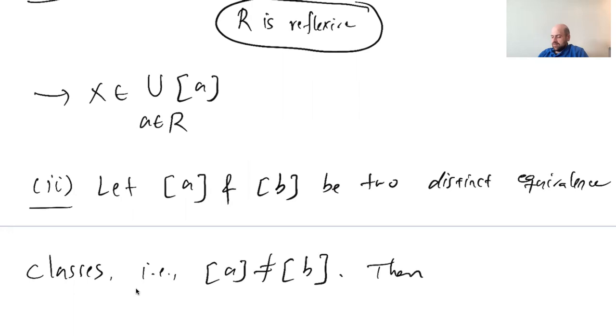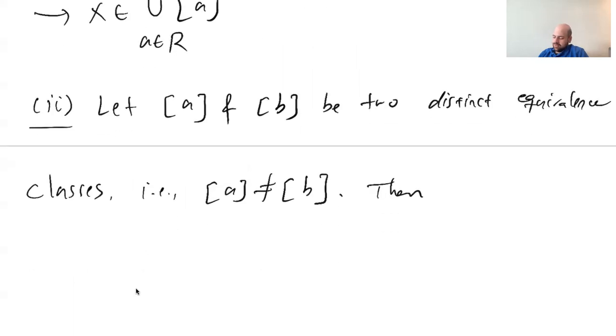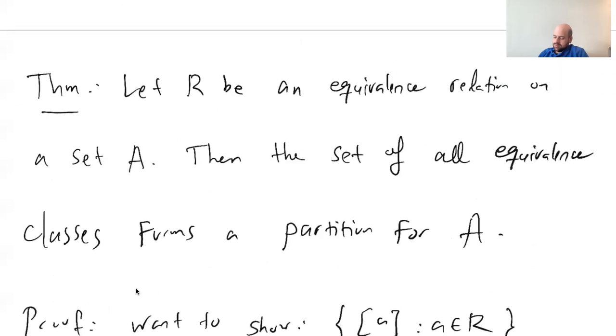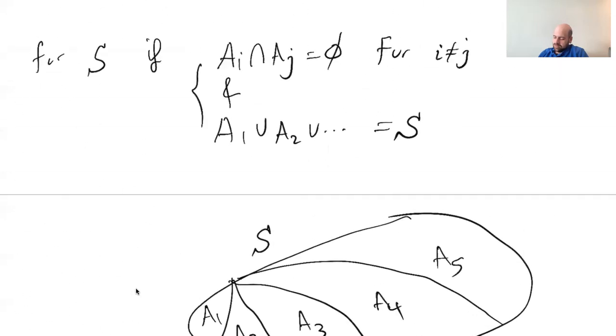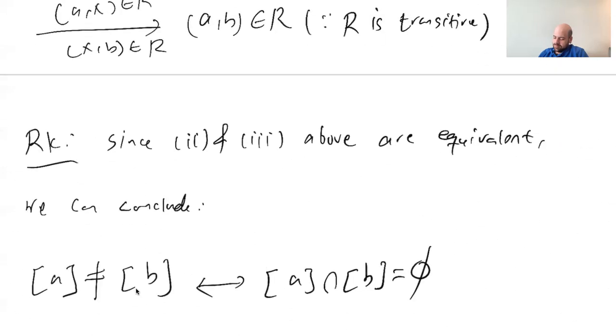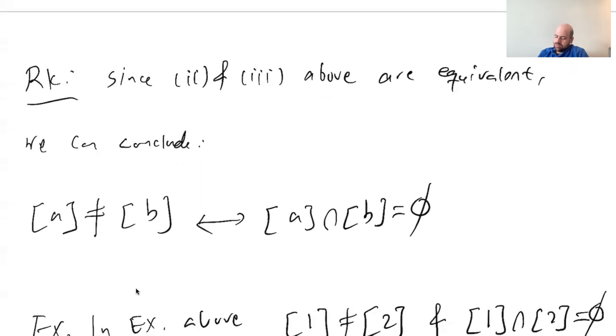Then we can say that the equivalence class of a intersection the equivalence class of b is equal to the empty set. We already mentioned this as a remark here, so let me call this one remark star.